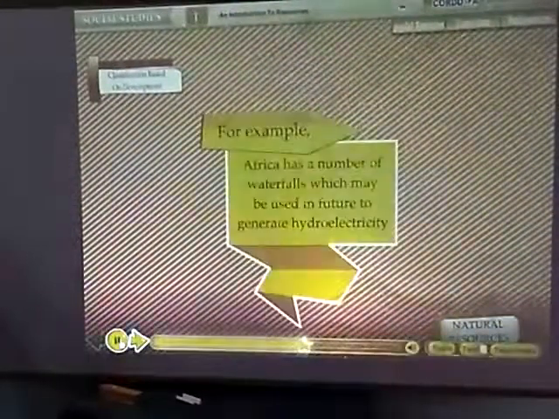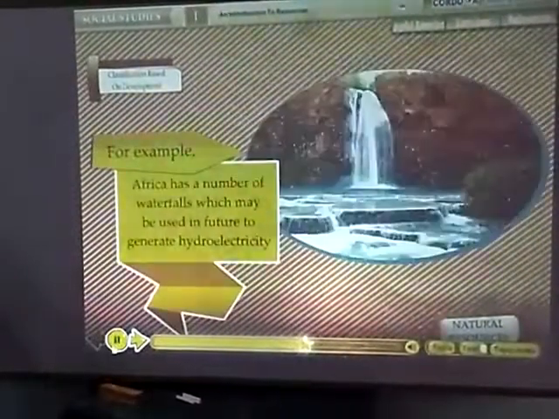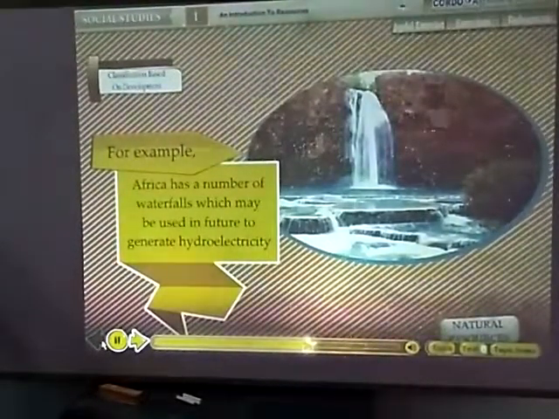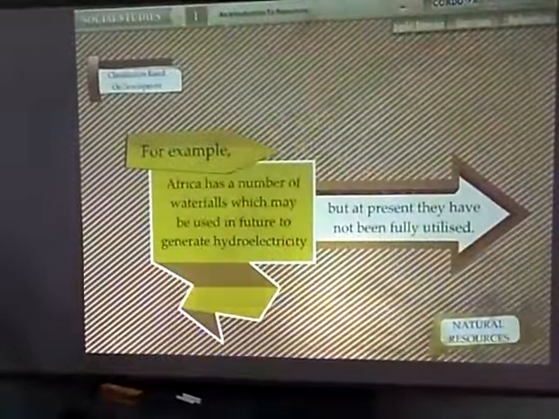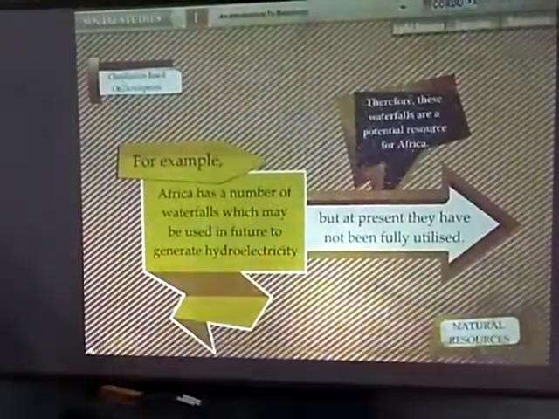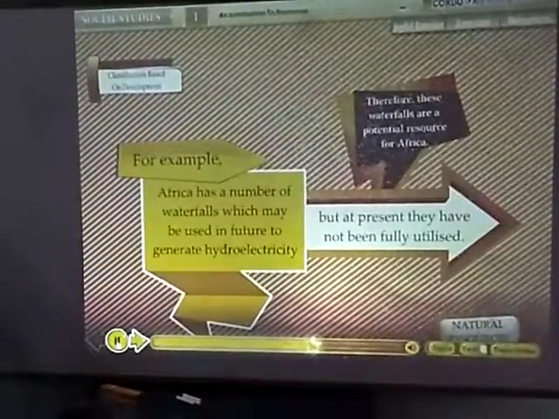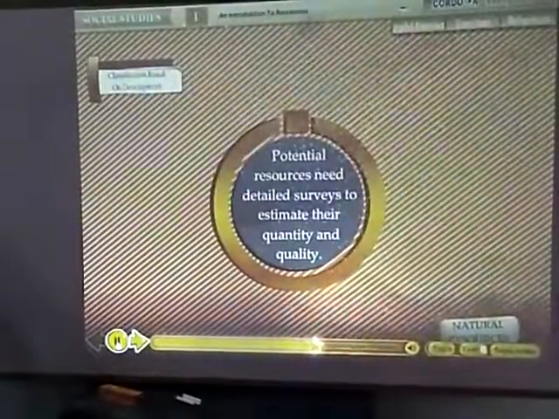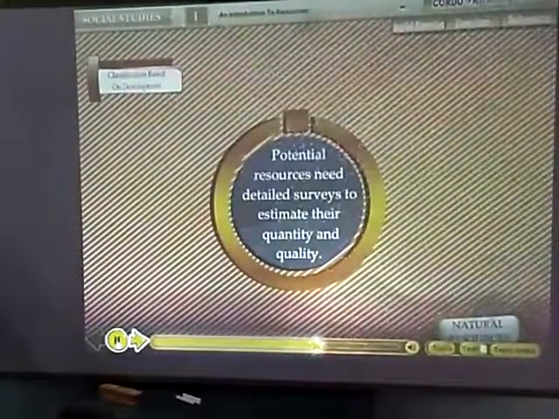For example, Africa has a number of waterfalls which may be used in future to generate hydroelectricity, but at present they have not been fully utilized. Therefore, these waterfalls are a potential resource for Africa. Potential resources need detailed surveys to estimate their quantity and quality.